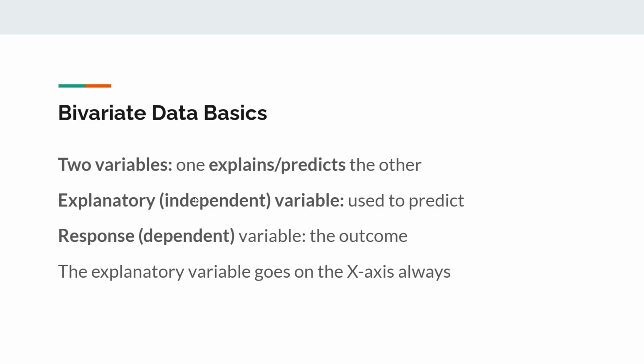So the explanatory or the independent variable, and I use the term independent here because that's typically what's used in experiments. The independent variable is something you change, but it's not always going to be the explanatory variable. The explanatory variable is something that's used to predict.